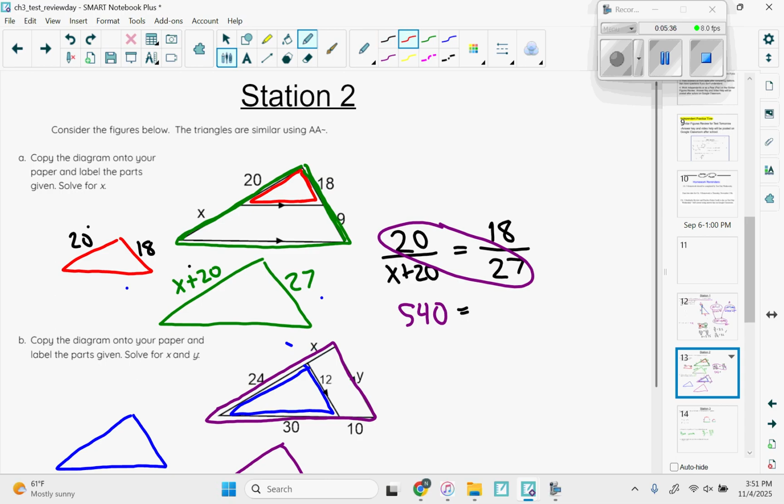And then on the other side, I'm going to cross multiply 18 times x plus 20, but I'm going to write it out like this. This is 18, and then parentheses x plus 20, because I have to multiply 18 by both terms. So that's going to look like 18x plus 18 times 20 is 360.